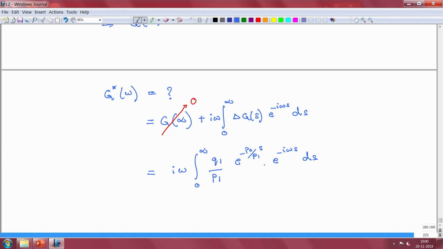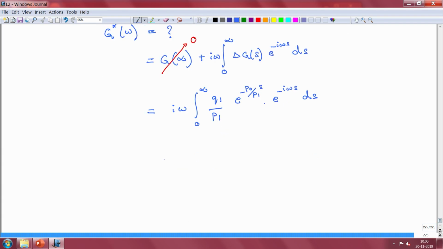Right. And if you evaluate this particular integral, you should find that this integral comes out to be Q1 I omega. So, Q1 is in the numerator, and in the denominator you will end up getting P 0 plus P 1 into I omega.